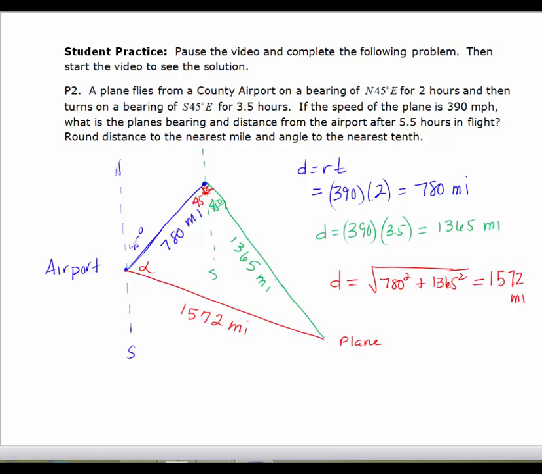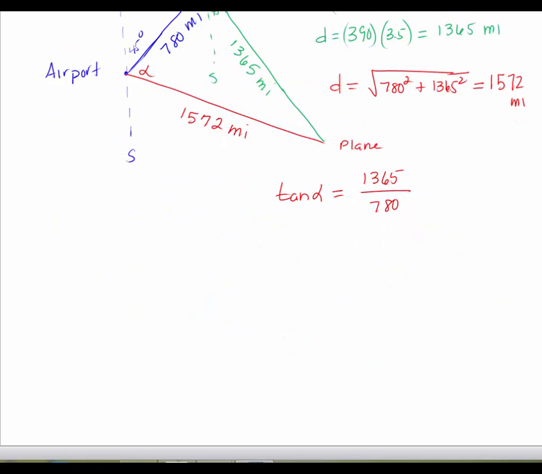Again, I have to find this little angle in here. We can call it alpha. And I've got a right triangle again, so I know that the tangent of alpha is equal to the opposite, which is 1365, over the adjacent, which is 780, or alpha is going to equal the inverse tan of 1365 over 780.